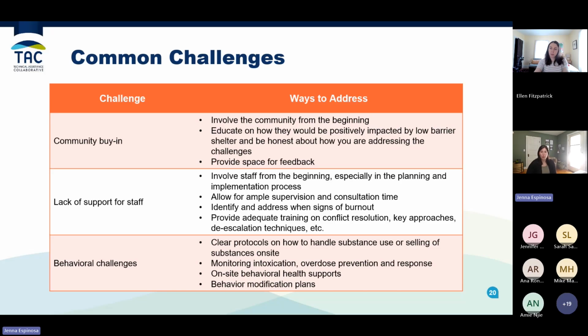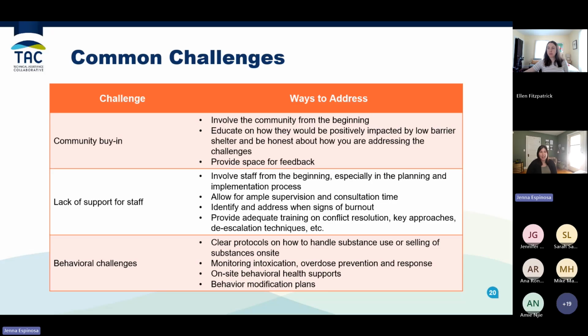So it's incredibly important to involve staff from the beginning of the process, in planning, implementing, and evaluating how things are going, really allowing a good amount of time for supervision and consultation so that they can talk through difficult situations, getting training as they go instead of having one training a year, but really supporting people and incorporating practices like harm reduction and trauma-informed care.